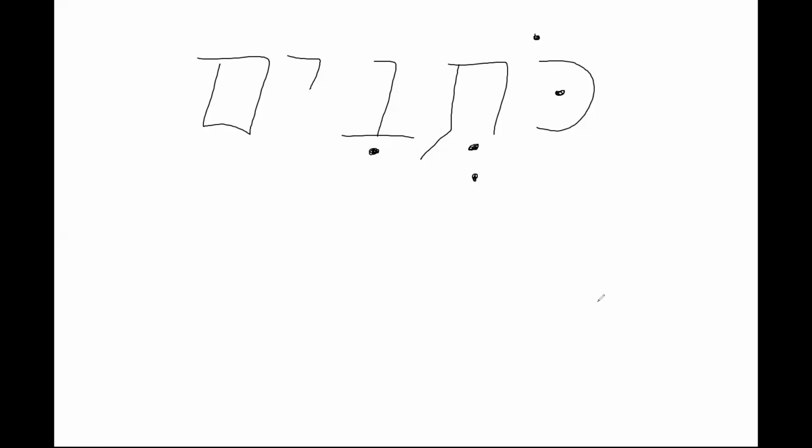All right, so the schwa is preceded by the changeable long O vowel and therefore is vocal. All right, so kotevim, the holem is a long vowel, right? So the schwa, the consonant it's under, right? If the consonant it's under comes after a long vowel, it is vocal, it's pronounced, right?